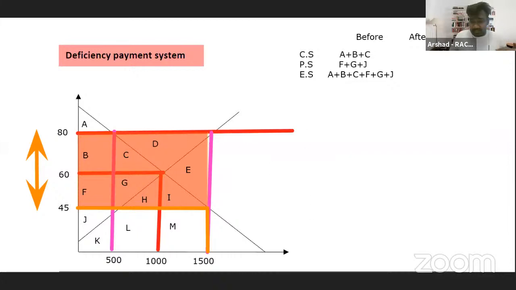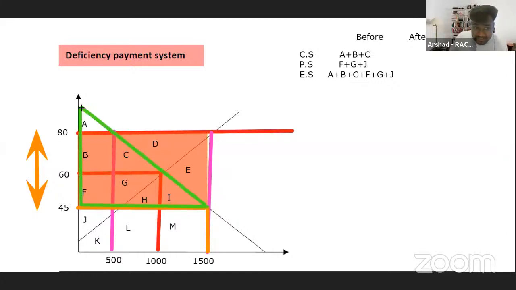Then can you tell me what the consumer surplus is after, guys? Always go with what price the consumer is paying now. Is the consumer paying 80, 60, or 45? What is the price that he's paying in the market now? He's not paying 80, he's only paying 45. So if he's only paying 45, this entire part becomes his consumer surplus.